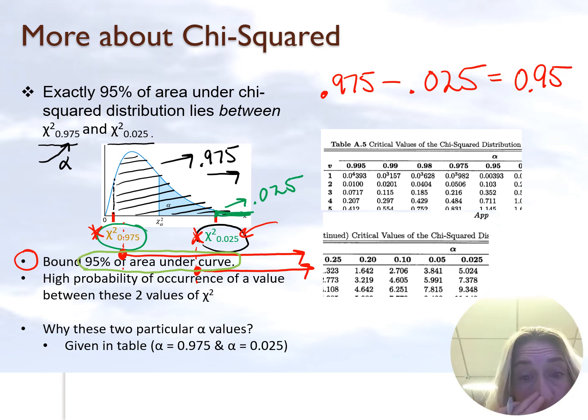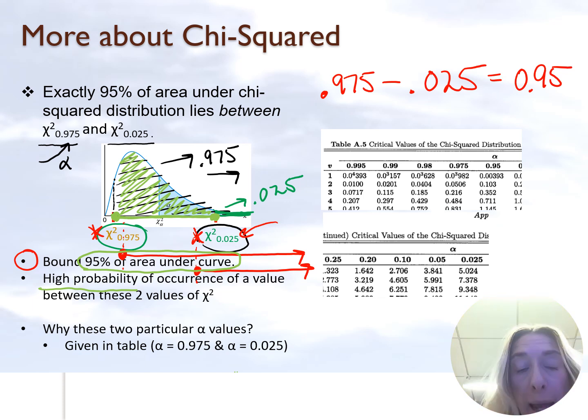Putting that another way, there's a very high probability of occurrence of a chi-square value between those two particular critical values, because 95% of the area under the curve lies between those two values. High probability of occurrence of a chi-square value between those 2 points.